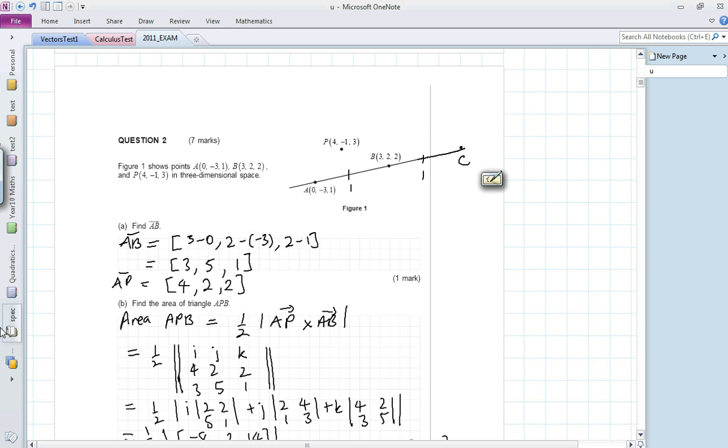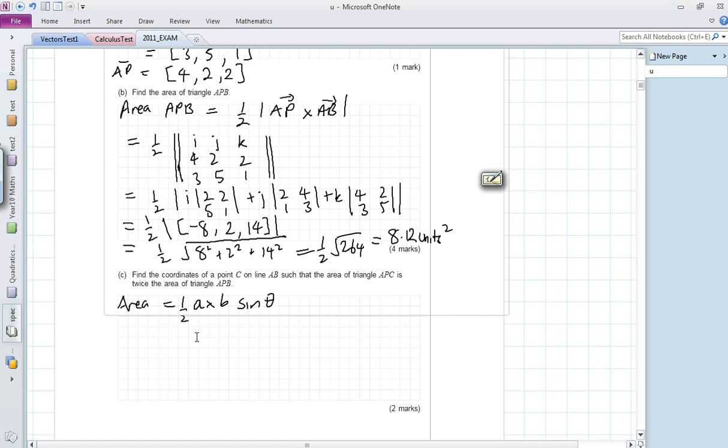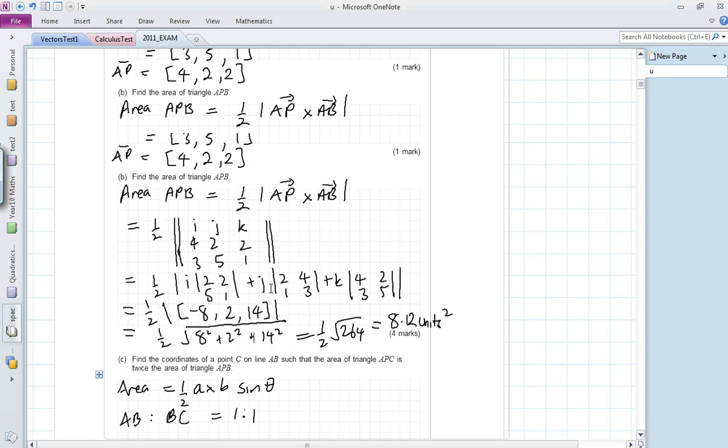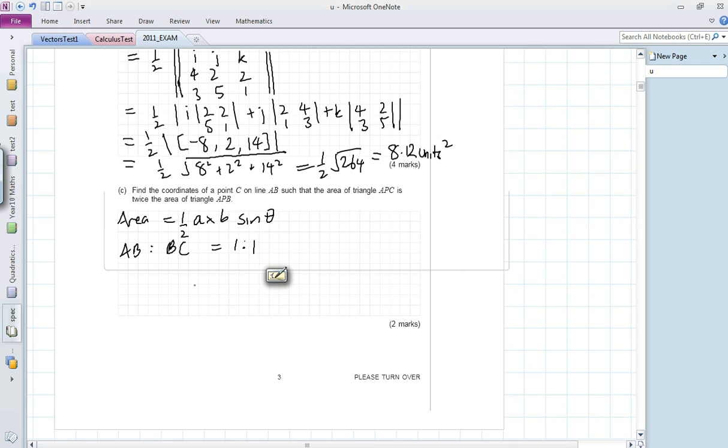In other words, the ratio AB to BC must be a ratio of 1 to 1. So let's put that into practice. We draw that in like this. We've got A, we've got B, we've got C. We put our origin in there.